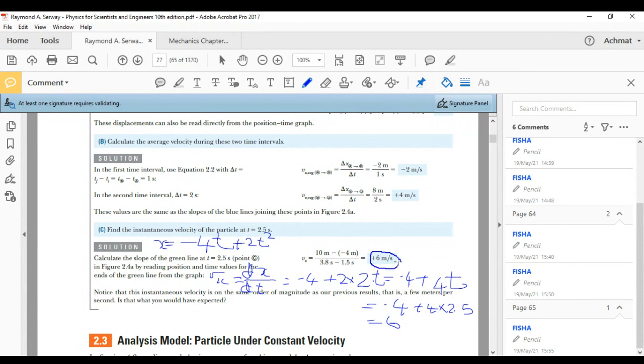What is the answer there? 6 meters per second. So that's another way in which you can find your instantaneous velocity.